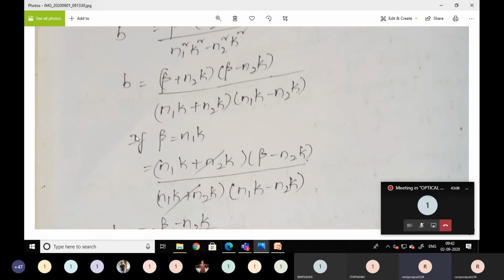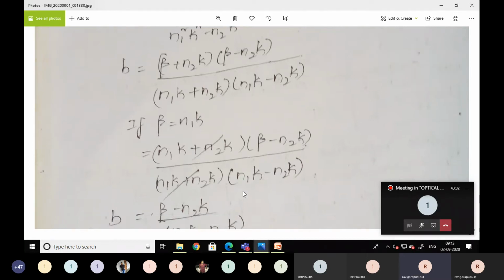I am taking n1k, substituting here n1k plus n2k. Only in the plus term, I am taking beta as n1k, and beta minus n2k remains as is. Then n1k plus n2k in the numerator and denominator both will get cancelled.